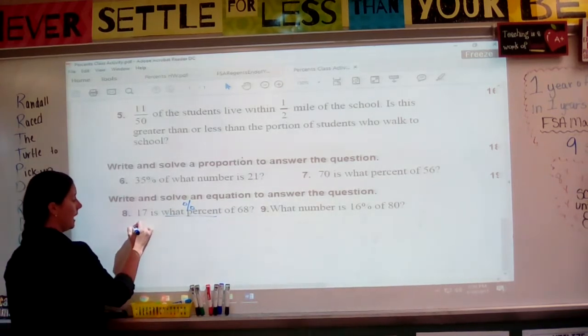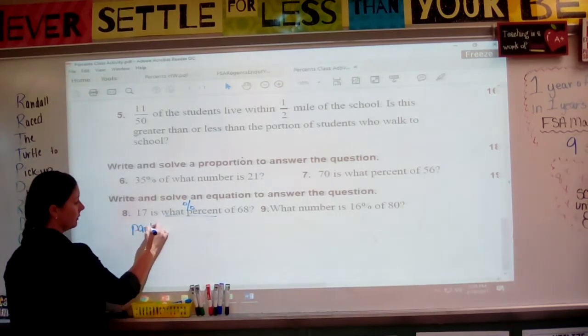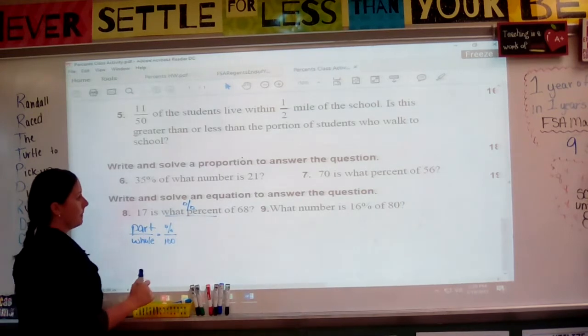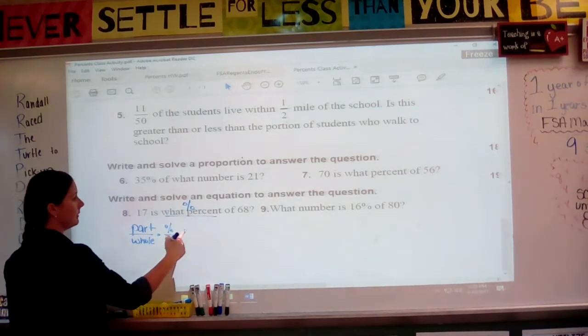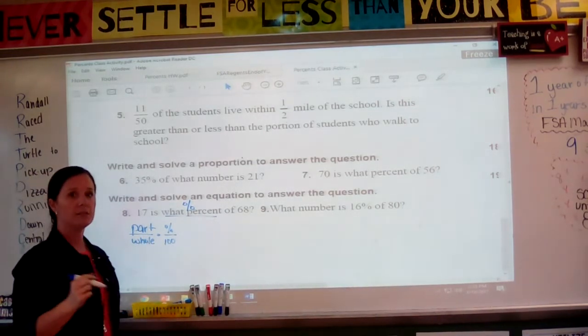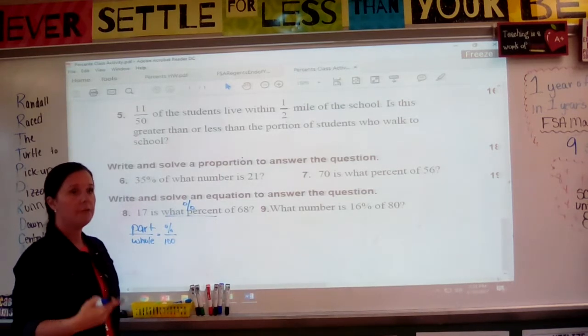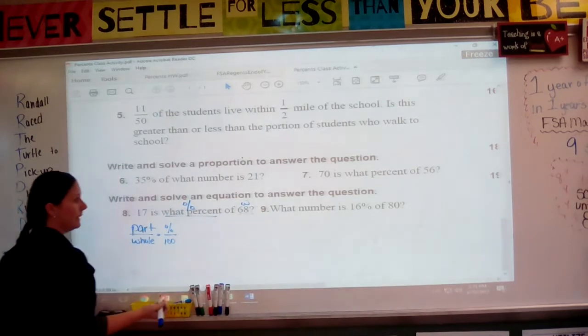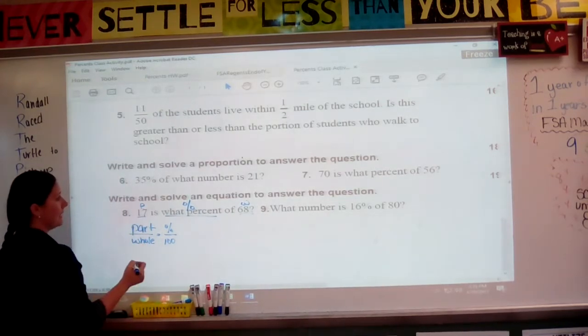If you remember, we have the part divided by the whole equal to the percent over 100. I look for the number that's following the word of. Of what? That is the whole amount. So my whole will be the 68 and my part will be the 17.